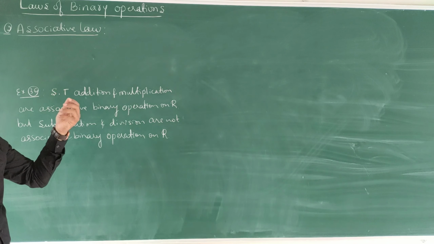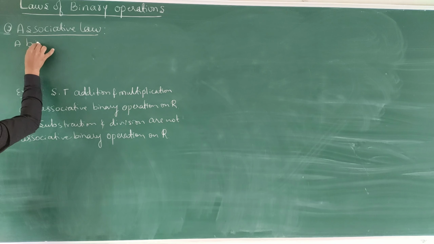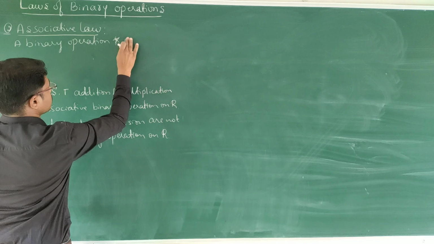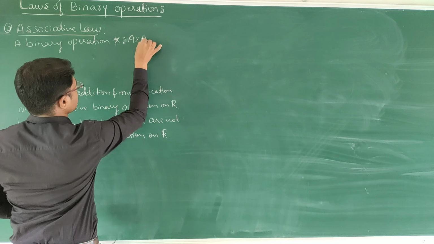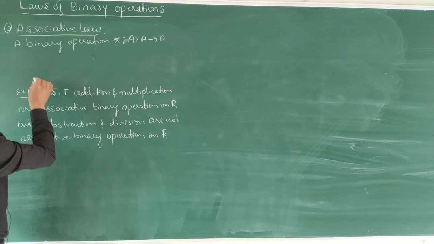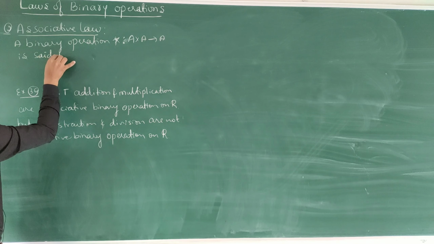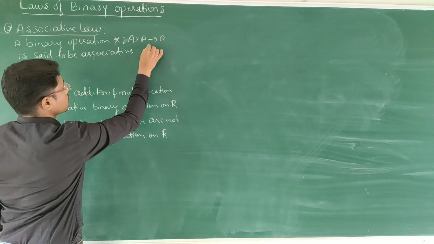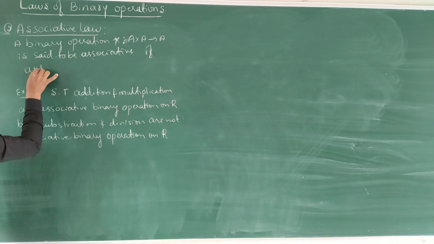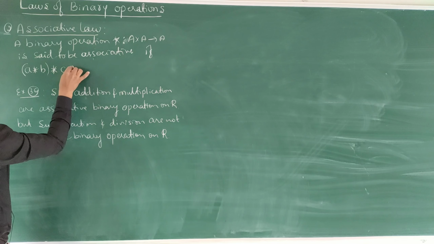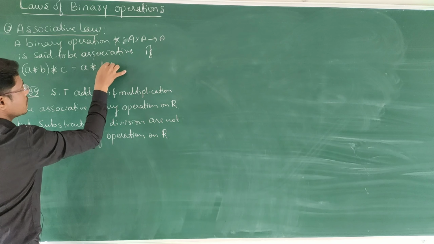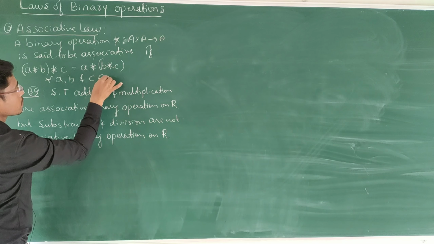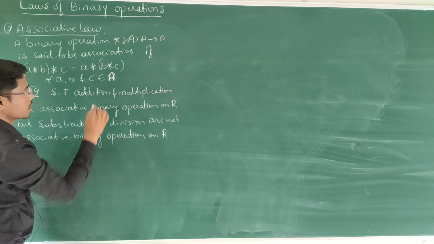A binary operation star from A cross A to A is said to be associative if (a star b) star c is equal to a star (b star c) for all a, b and c belonging to the set A.